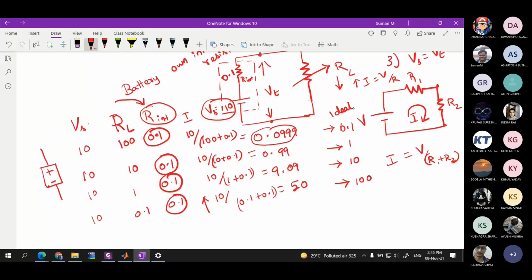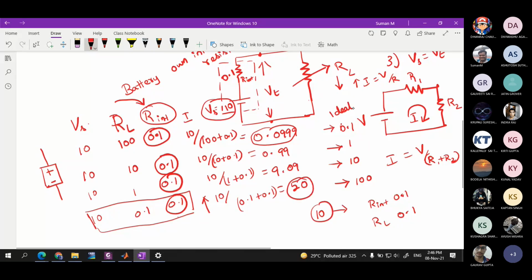Why is it increasing? 10 is the voltage, the internal resistance is 0.1 ohm. Let us consider this case where the R load is also 0.1 ohm. Initially we are considering voltage as 10 and the current as 50 ampere here.